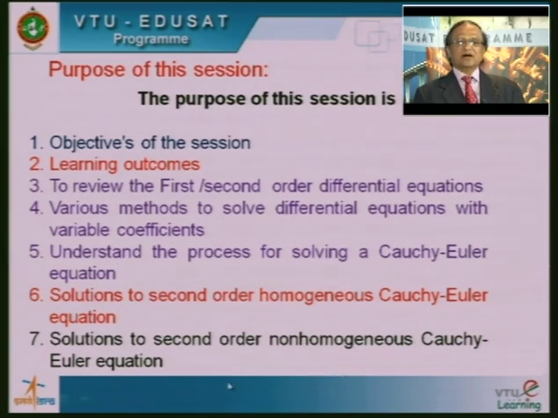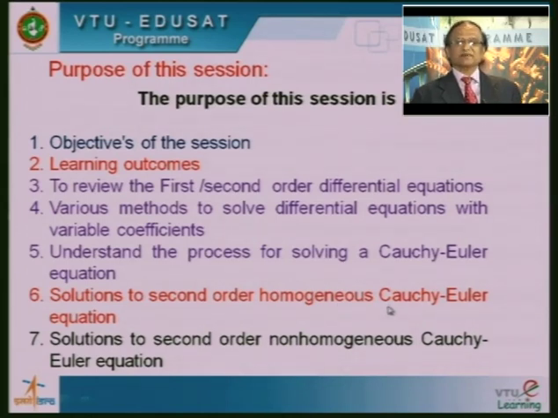I will consider a differential equation whose right hand side may or may not be equal to 0. The given equation may be a second order differential equation. If the right hand side is equal to 0, then I will call it a homogeneous Cauchy-Euler equation. In such a situation, how are we going to find the solution?